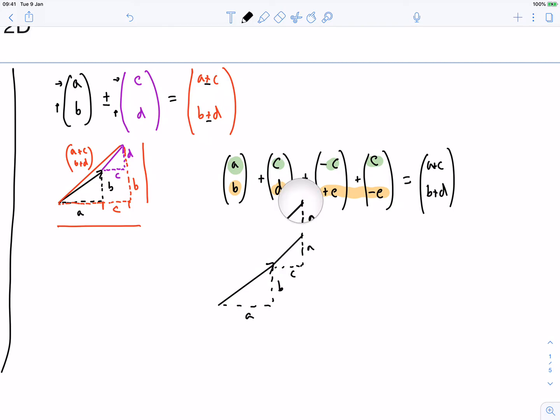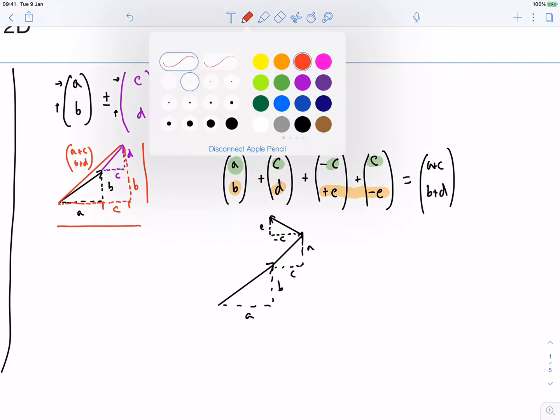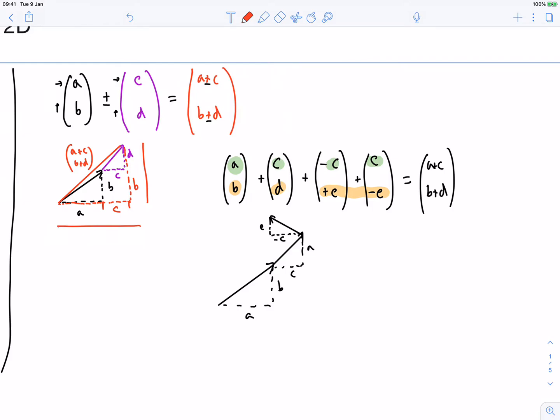I'm minusing C, so I'm going back C, but let's say I'm going up E. So now that vector's going like this. So that's back C, so minus C, but then up E. And then I've got to add a C and minus E. Well, what happens there? I go along C and down E, so I'm going back along itself. And notice how I end on that same place as if I'd gone A plus C and B plus D. Sorry, that should have been a D.